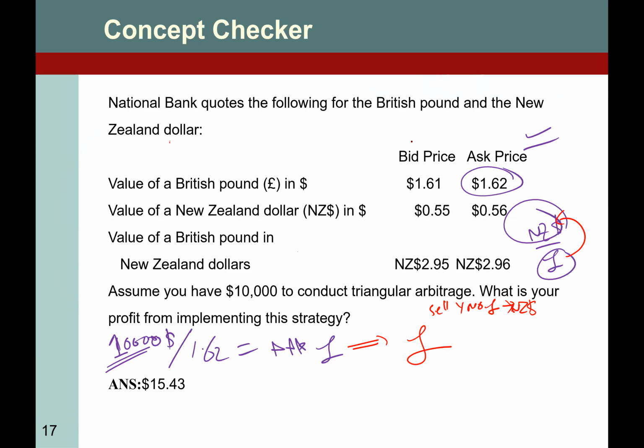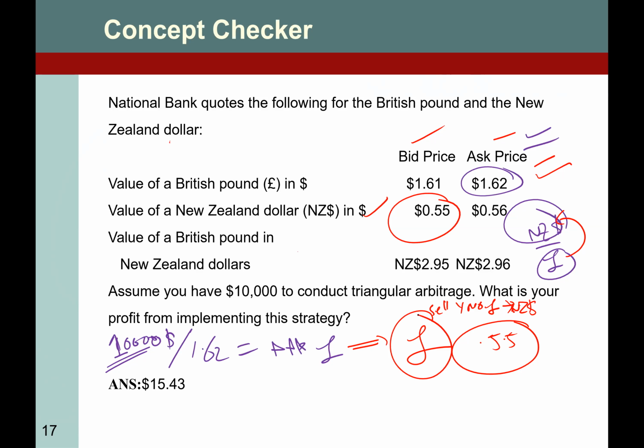When bid and ask prices are given, you start from the ask price, and then the next process will use the bid price. Remember, the trick is we are using the ask price and then we are using the bid price for the next process. So you need to follow the concept. If there is no bid and ask given, then it's really simple for you. But when bid and ask are given, then use your logic.